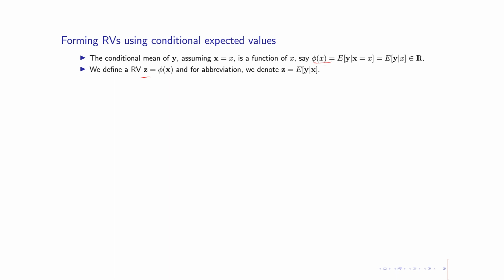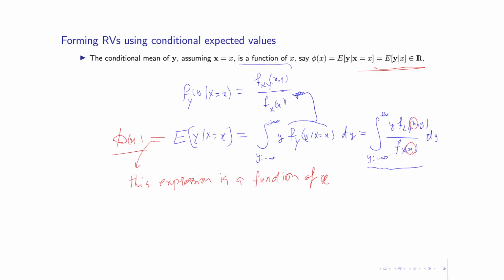This means that we have to calculate this integral, find the expression of this function phi in terms of x, and then substitute after the integration. We can substitute the x by the random variable X, and then this becomes a new random variable.